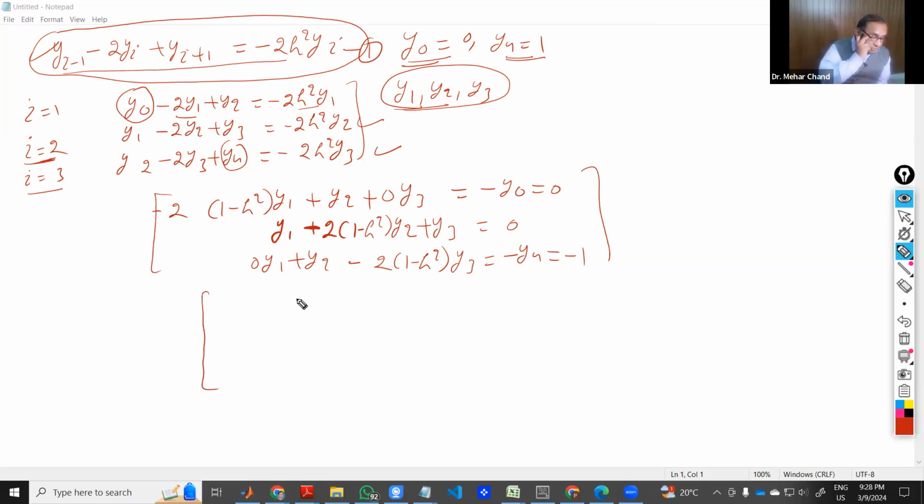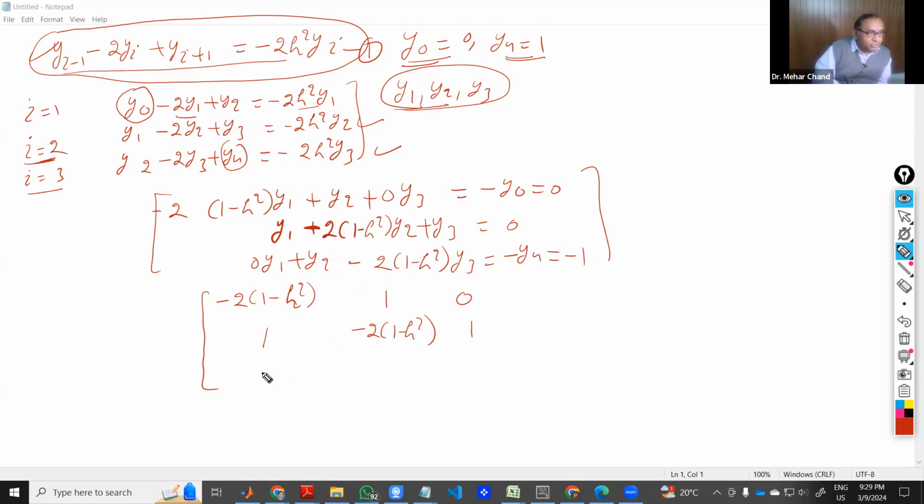So from these three equations we can easily reduce to matrix form. From the first equation we have the coefficients of y1, y2 and y3: -2(1 - h²), 1, 0. From the second equation, the coefficient of y1 is 1, that of y2 is -2(1 - h²), and that of y3 is 1.